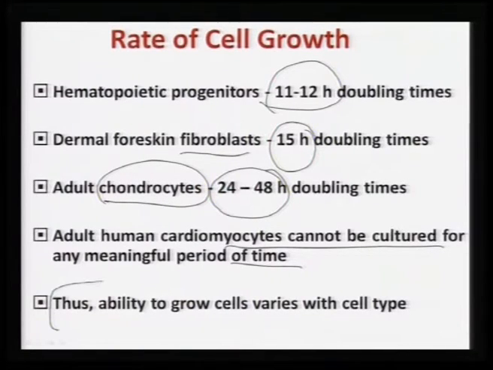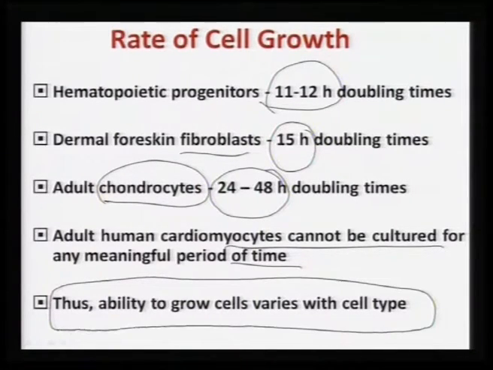So, what you see here is that the ability to grow cells also varies with the cell type. Typically, it is of the order of a few hours or sometimes 1 or 2 days. So, 12 to 15 hours is for the fibroblast cells, whereas 24 to 48 hours is for the chondrocyte cells.